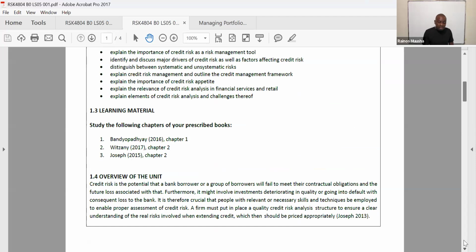And then they say, for this learning unit, we need to look at chapter 1 of Bandyopadhyay, chapter 2 of Whitney, and chapter 2 of C.P. Joseph. So which means for learning unit 1, there are 3 chapters from 3 different textbooks that we need to make sure that we go through.